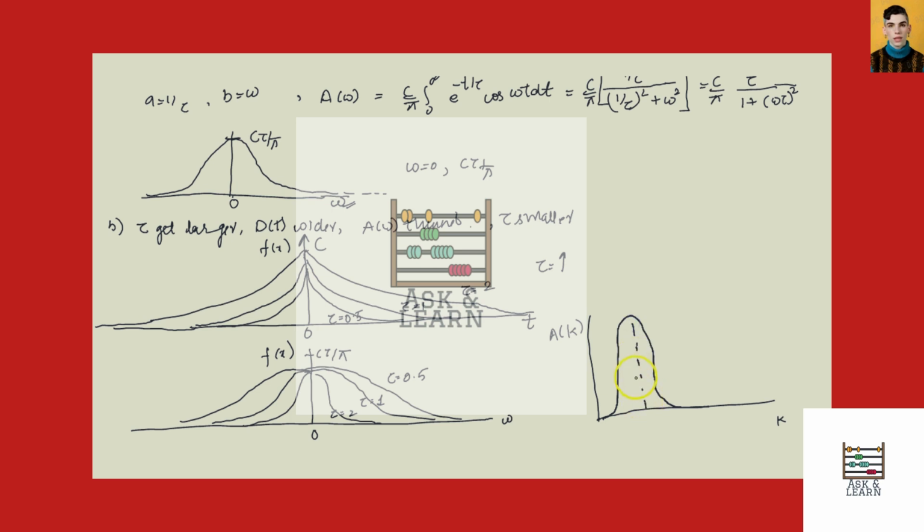The highest will be at pi, and at the successive 2 pi, 3 pi, 4 pi, the transformation will be 0.